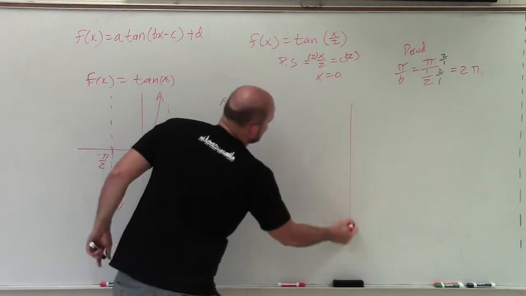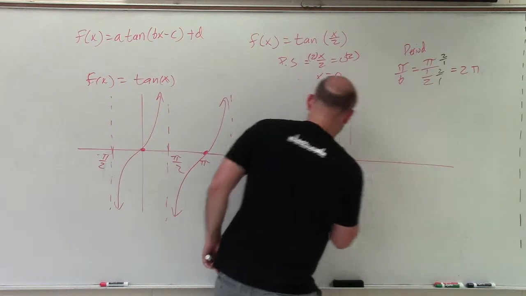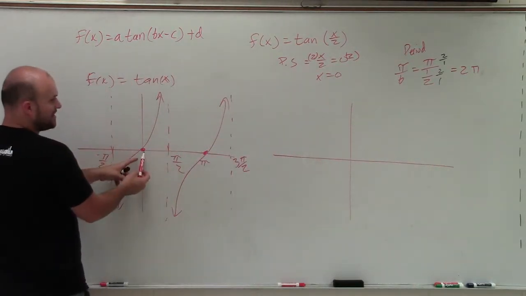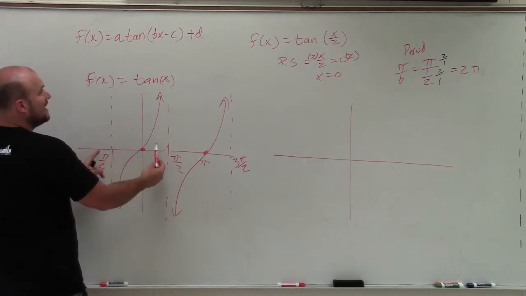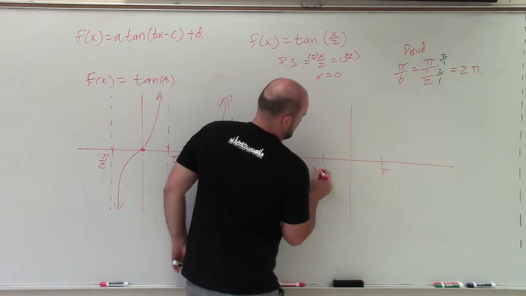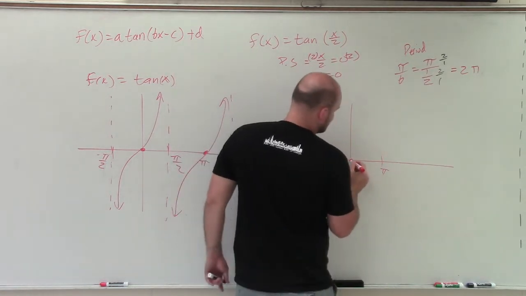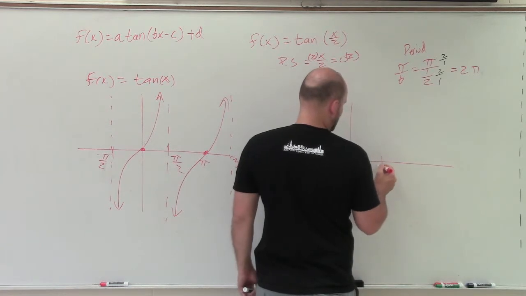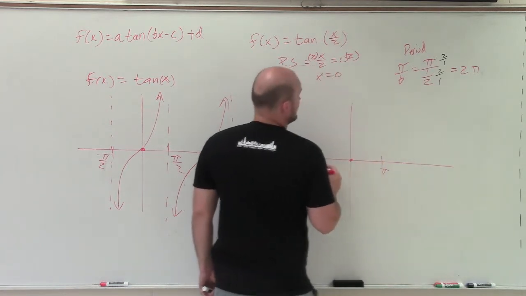So I can set up the exact same graph, just like I did over here, but rather than having the asymptotes at pi halves from my new vertex, I'm now going to make them at pi. And then that's at pi. That's a period. That's 2 pi.